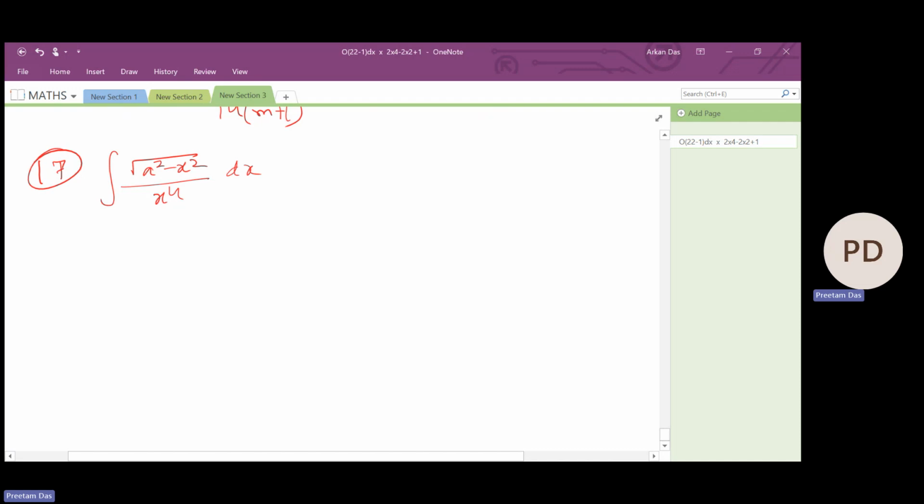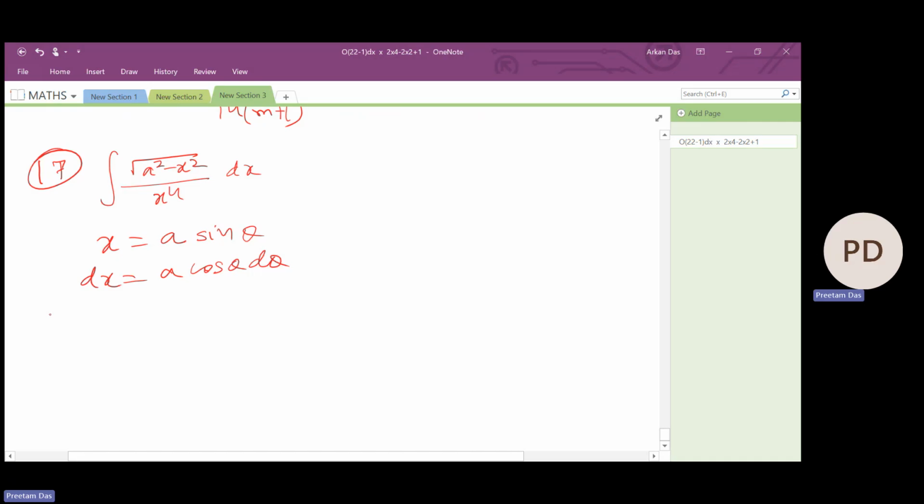What are the substitutions that we do in this case? We take x as a sin theta. So dx becomes what? a cos theta d theta.